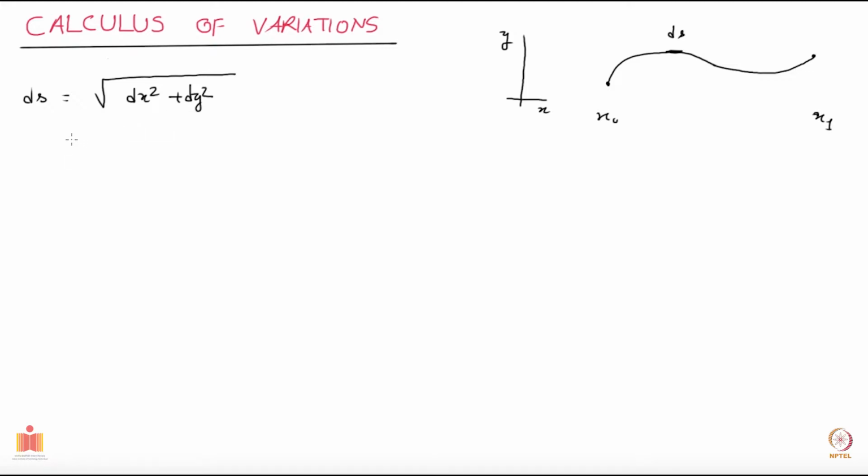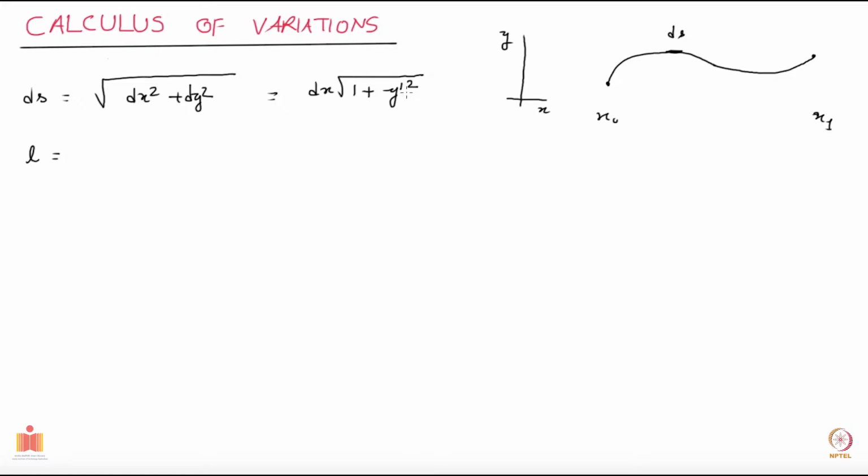So the length of the entire curve would be given by the following. Let me first finish this. I take the dx out, 1 plus dy over dx, which I call y prime, and you have a square of it.